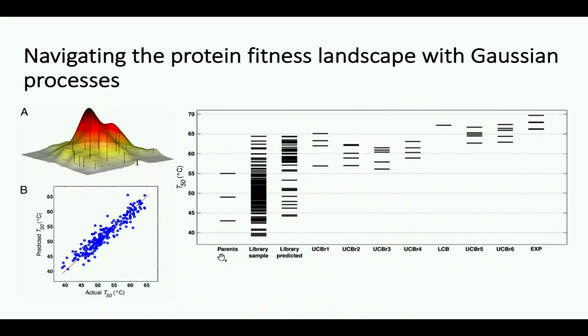And in terms of protein fitness, there's also a very classic paper on trying to navigate the protein fitness landscape. I believe this is a certain enzyme family, and just treating the protein sequence as the input X, they were able to optimize the thermal stability after six rounds of upper confidence bound acquisition.